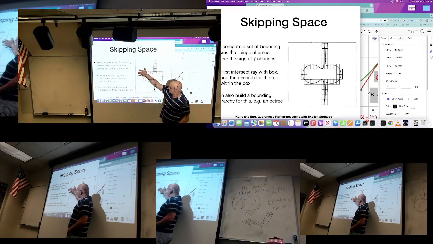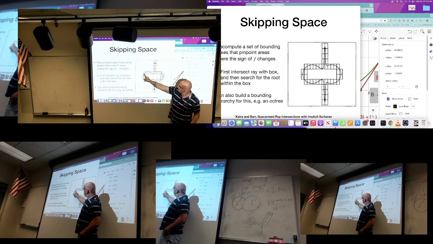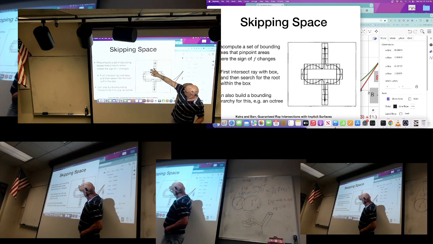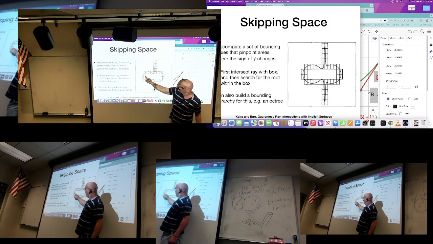What next can you do? Let's put a grid, so that every grid cell knows what relevant part of the shape it contains. That's our first thought. I'm putting uniform size grid cells around the boundary of the shape.